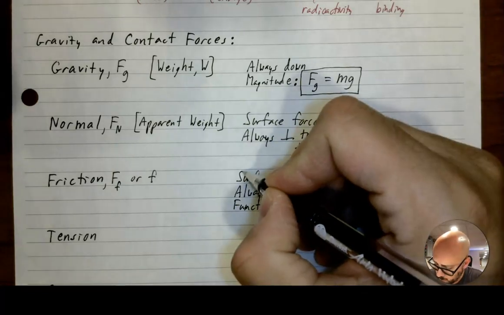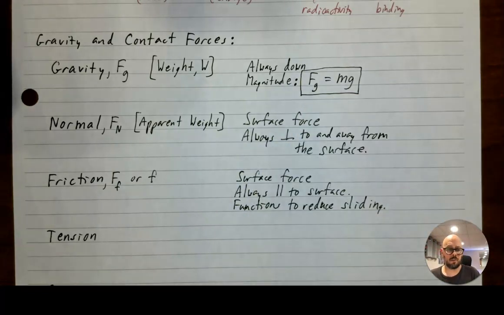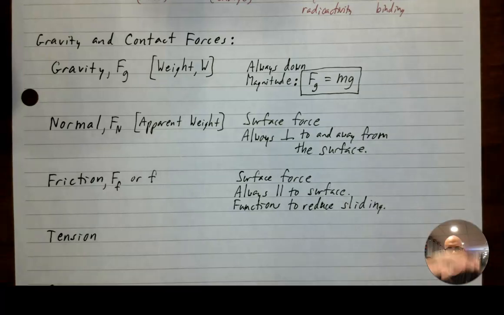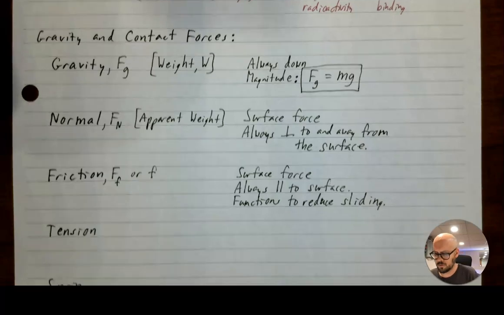We will dive into where that friction force comes from, but it again has to do with the interaction between atoms on a really small scale. So it's again an electrostatic, electromagnetic force consequence. And so if objects aren't sliding, but they could, then there's a friction force. And if objects are sliding, then there's also a friction force. All right, so those are the surface forces.